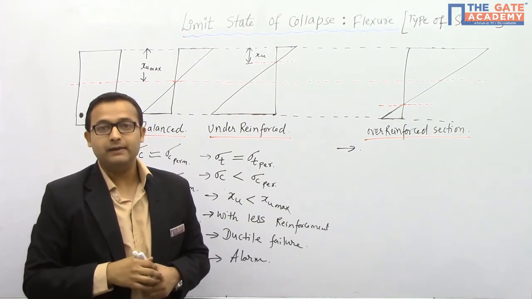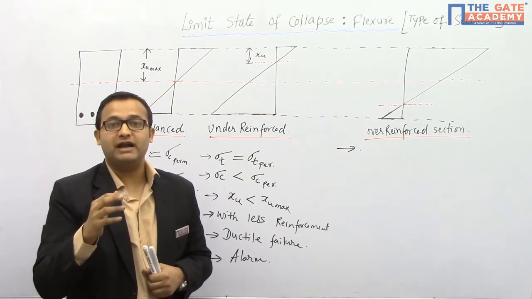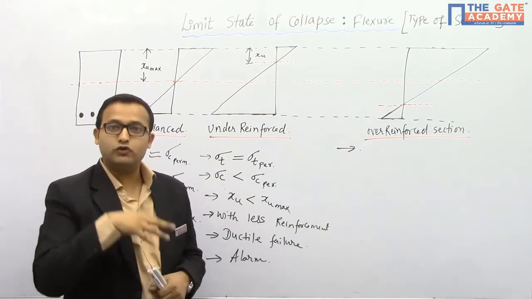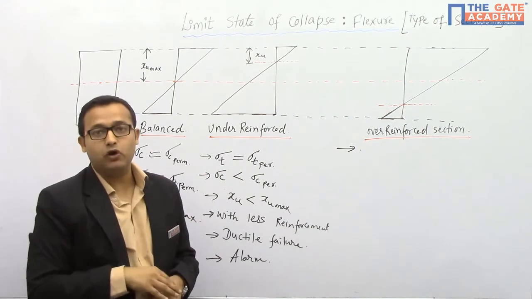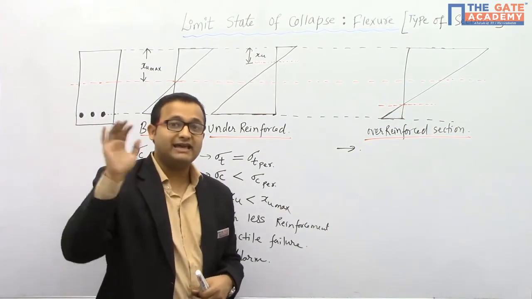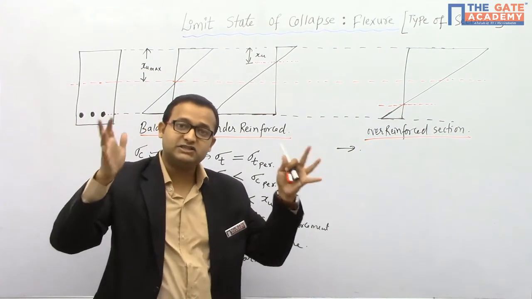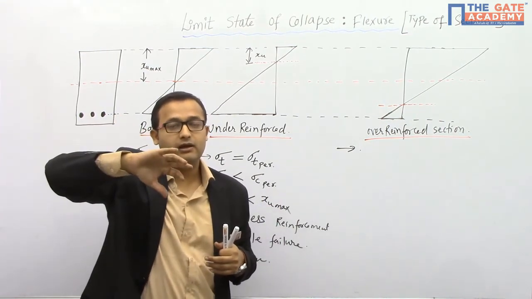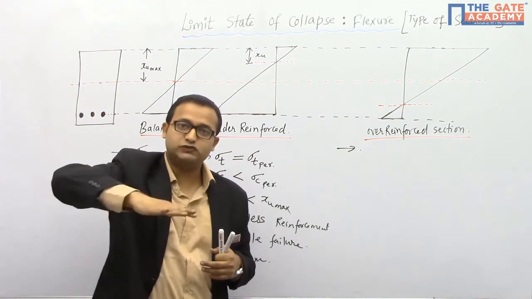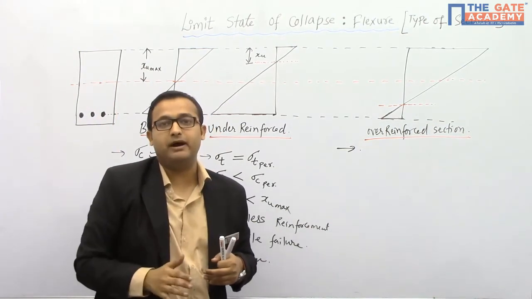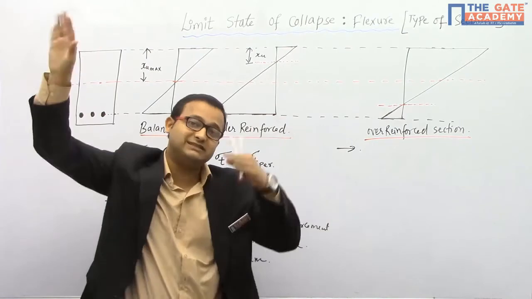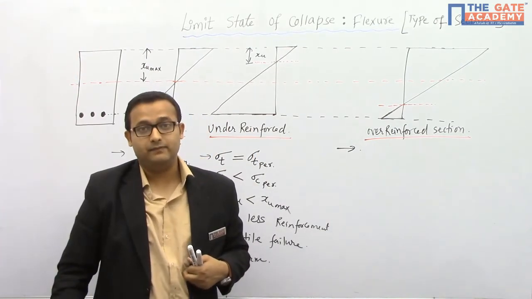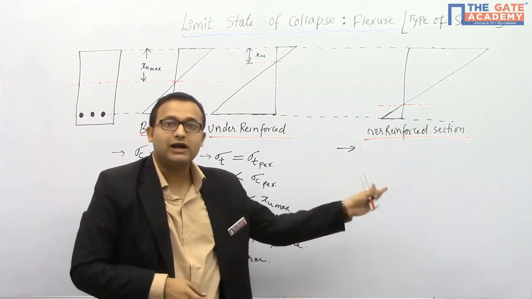It means you have provided a much amount of reinforcement in the section. If there is much reinforcement, the steel will be more and the concrete will be less. So what will happen when I give the force? There is sufficient steel to take the tensile stresses, but when I give the force continuously on the member, concrete is not sufficient to take the compressive stresses, because the concrete is less and steel is more in the section. So steel will not fail here, concrete will fail first.